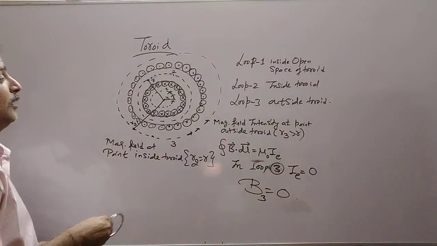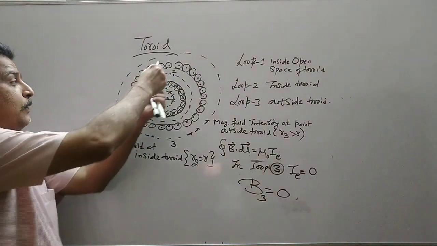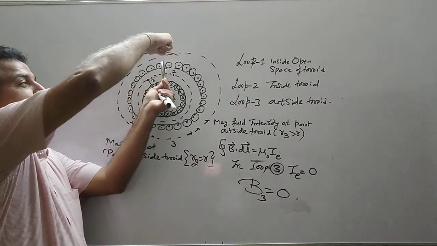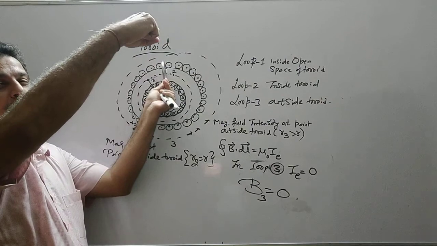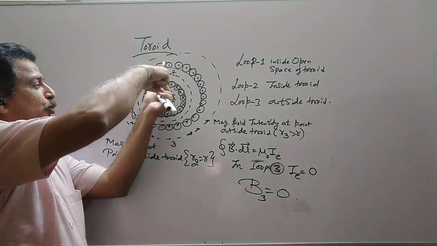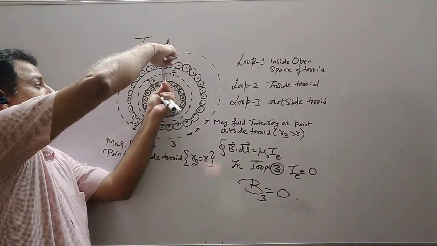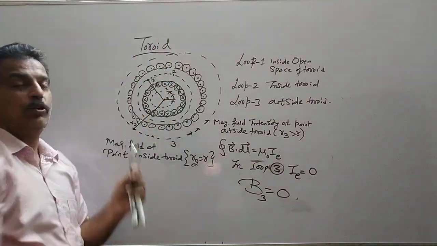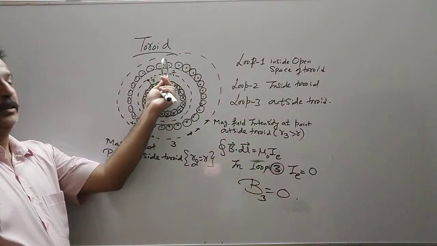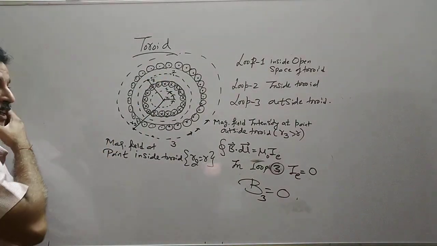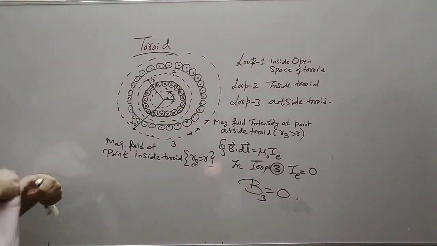So let me consider this ring. What will happen? Current will come out, and here from this portion the current will go in. Current will come out and current will go inside. So if I consider this law, now when I consider the Amperian loop, again you consider two wires.